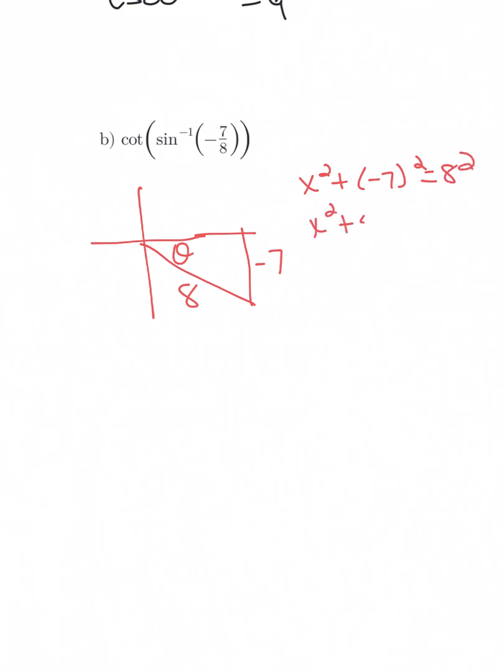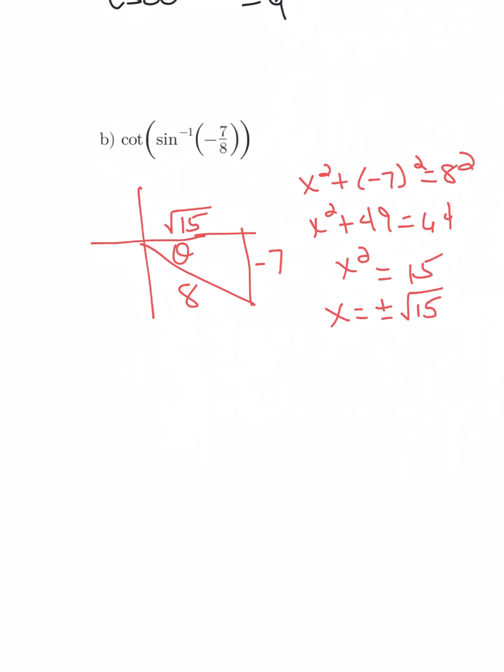X squared plus 49 equals 64. So x squared has to be 15. So x has to either be plus or minus the square root of 15. Quadrant 4, x is positive, so it's going to be positive square root of 15.